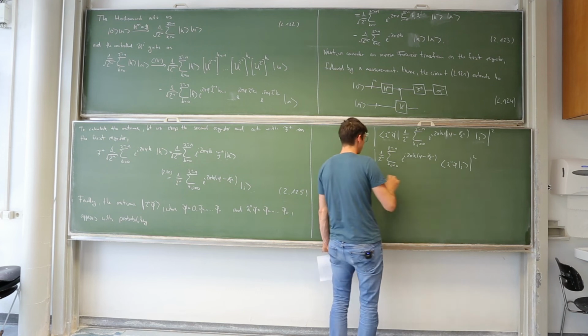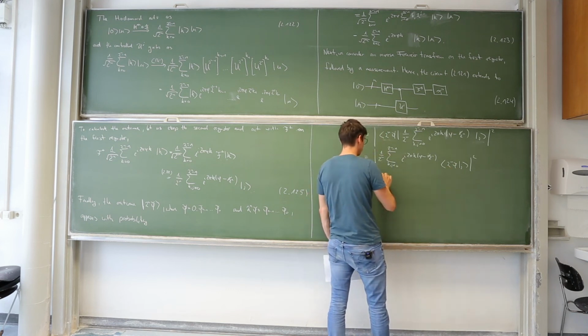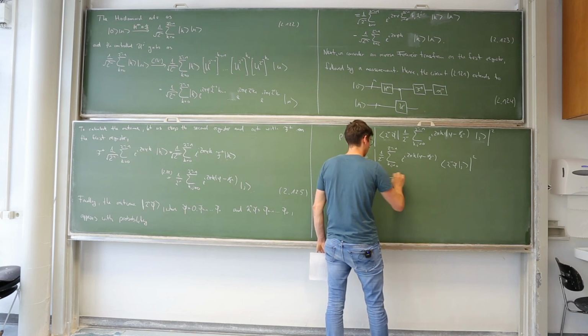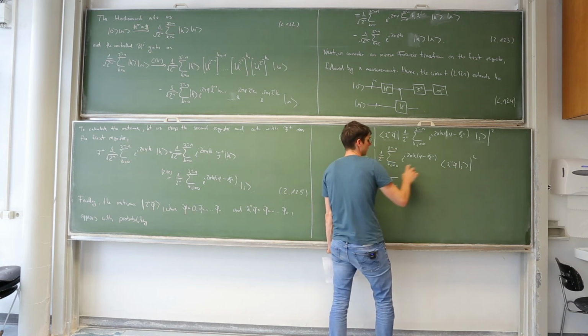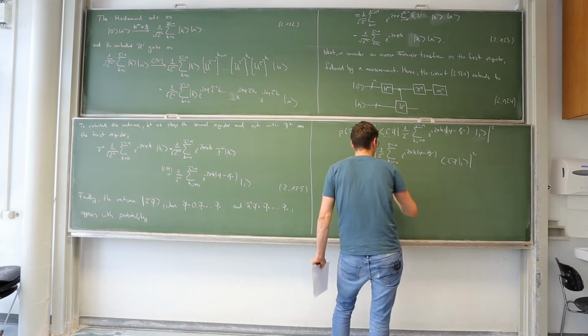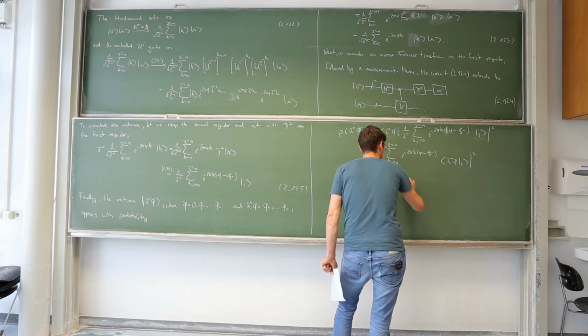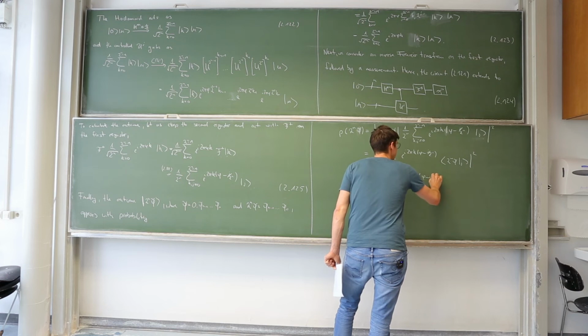So this gives us a delta_{j, 2^n phi tilde}. So meaning the sum over j vanishes, such that we're left with the sum over k. And we have e^{i 2 pi k (phi - phi tilde)}.